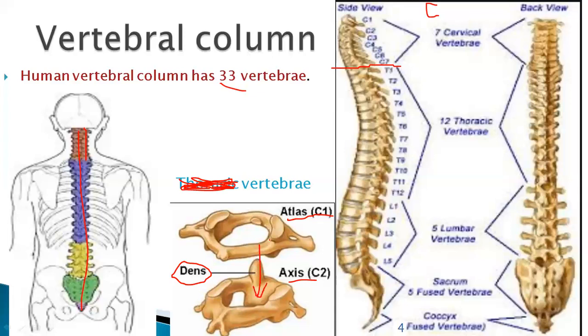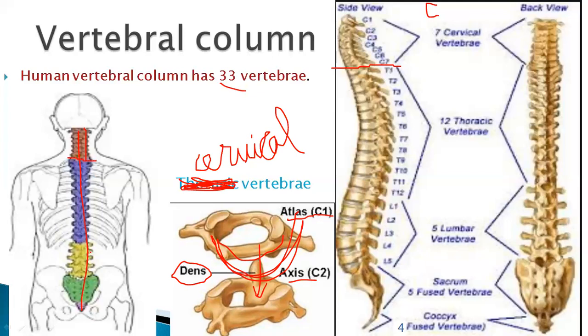When the atlas is fitted, it can rotate in one and the other direction, so we can move our neck easily up, down, and on both of the sides. So that is the cervical vertebrae.